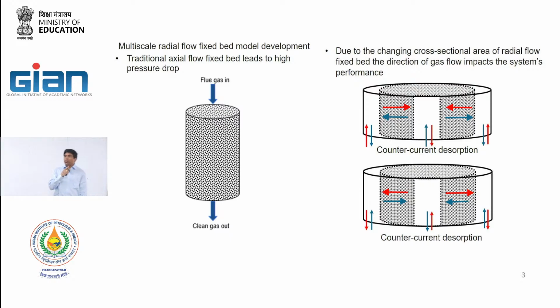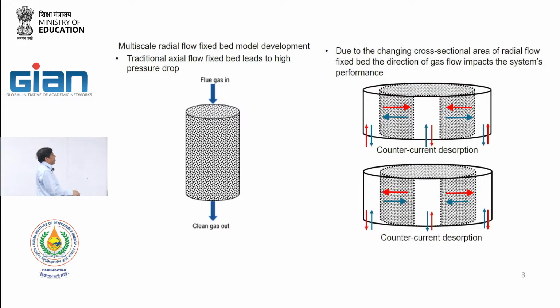Then if you look at these red arrows, they represent the hot stream or the desorption. So the blue one is for the adsorption step, and the red one shows you the desorption step. Now if I say this is a counter current desorption, it is possible that the flue gas comes in through the inner annulus and goes this way.